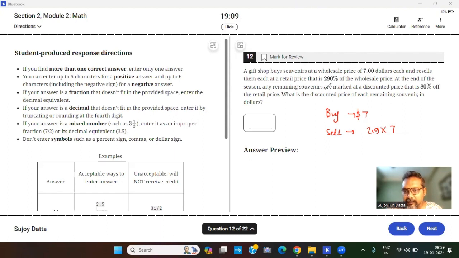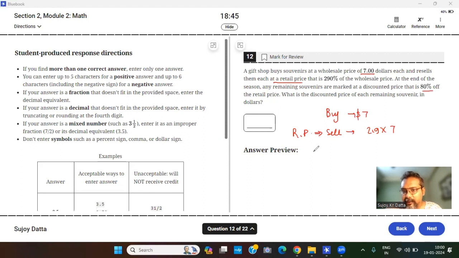At the end of the season, any remaining souvenirs are marked at a discounted price that is 80% off the retail price. Okay, so this is the wholesale price, mind it. This is the retail price, RP. The discount of 80% is given on the retail price, not on the $7.